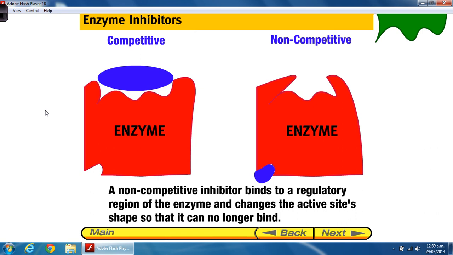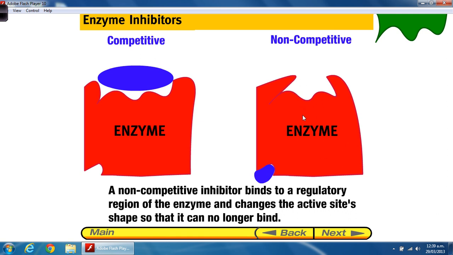So competitive inhibition is an inhibitor that binds temporarily to the active site, and by throwing a lot of substrate at it, we might be able to outcompete that. If it binds permanently, it's actually considered non-competitive inhibition. Now any inhibitor, whether it binds permanently or not, that changes the enzyme's shape is non-competitive because it doesn't matter how much substrate we throw at it.